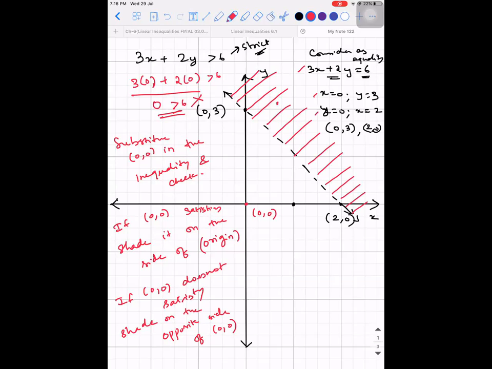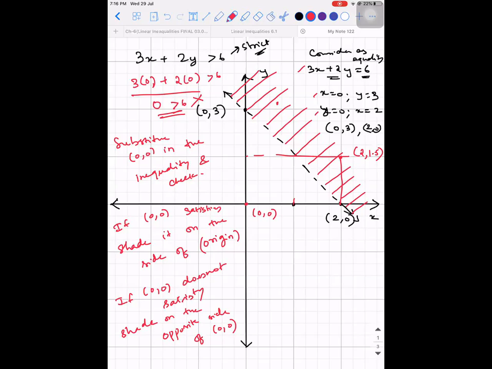For example, if I take this point, what will be the coordinate of this point? Let me say it is 2, 1.5. Substitute 2, 1.5 and see. It will be greater than 6. Like this, you can take any value you want.